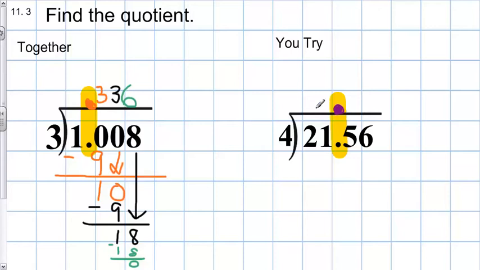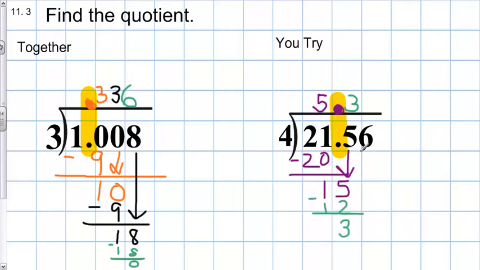So I'm going to see how many groups of 4 can go into 21? Well, 5 can. 5 times 4 is 20. Now I'm going to bring down my 5. How many groups of 4 can go into 15? 3. 4 times 3 is 12. Let's subtract those. Bring down my 6.